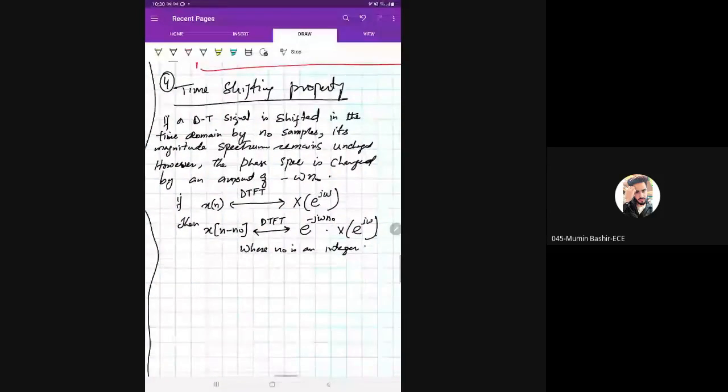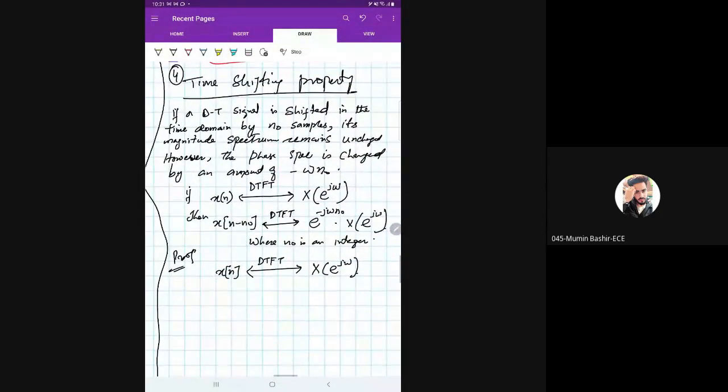Suppose we have a signal here. So this is a proof of this thing. Okay, suppose we have a signal x of n, discrete time signal. We want to take discrete time Fourier transform of it. Discrete time Fourier transform of the signal will be x of e to power j omega. Okay, so this is the discrete time Fourier transform. And what is it equal to?